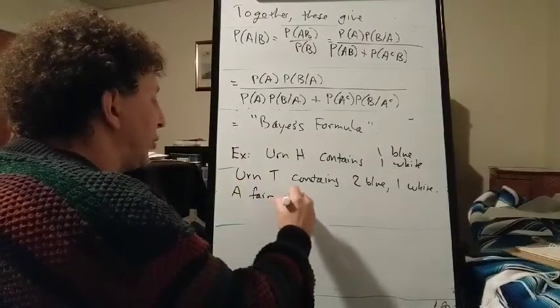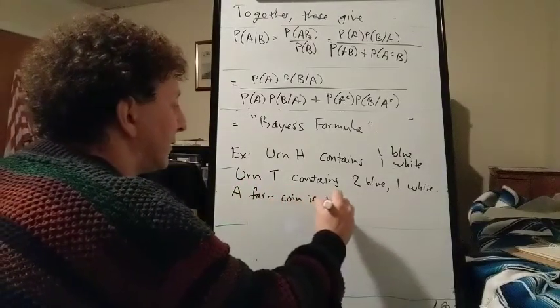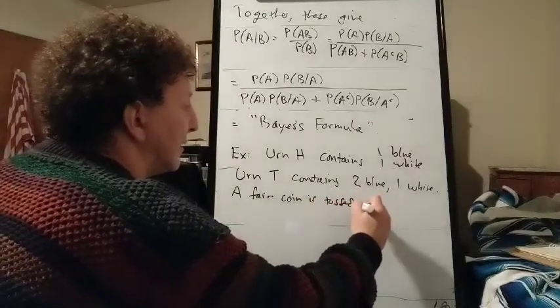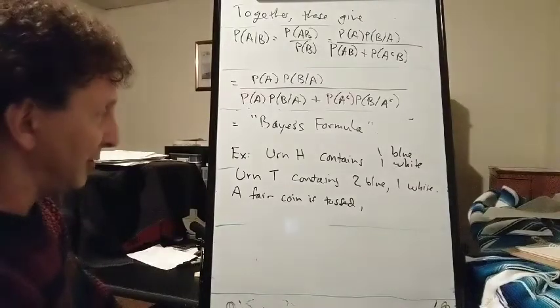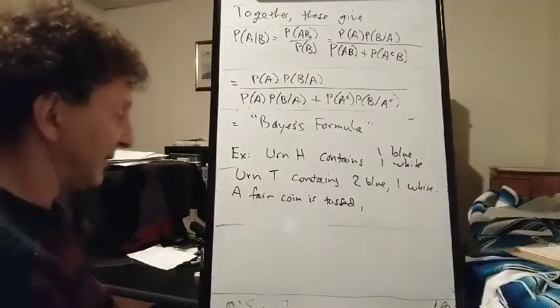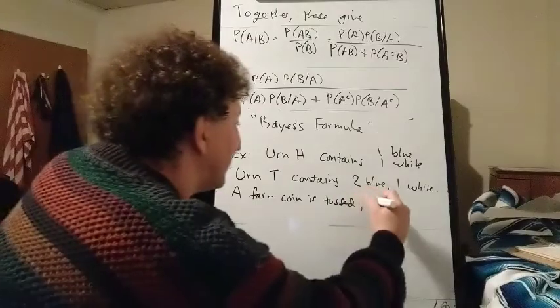Now let's say a fair coin is tossed. It'll either come up heads or tails, and we'll pick one marble out of whichever urn the coin tells us to pull a marble out of.